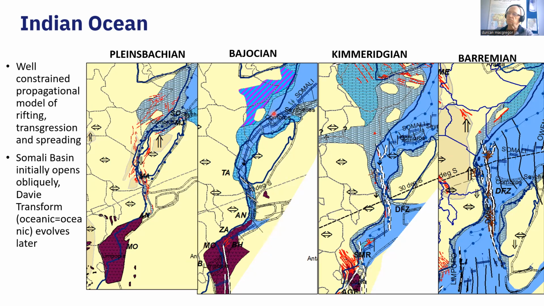This starts as an oblique margin, as we know from the magnetic anomalies, and then takes a shunt and goes into essentially northeast-southwest spreading, and then the formation of this Davie and also associated fracture zones such as the Sea Gap in the latest Jurassic.